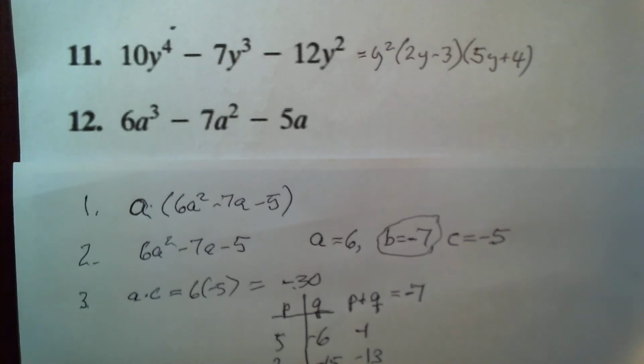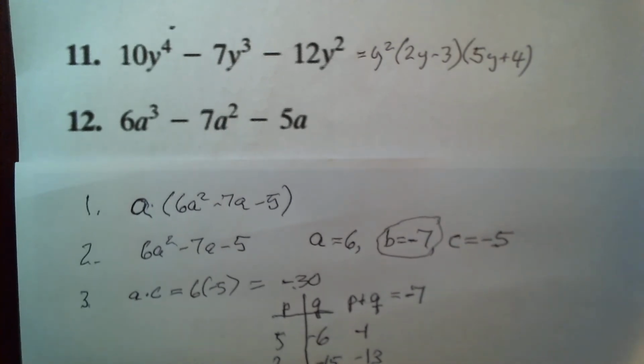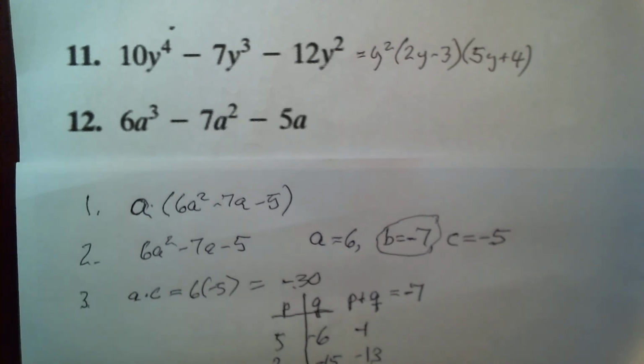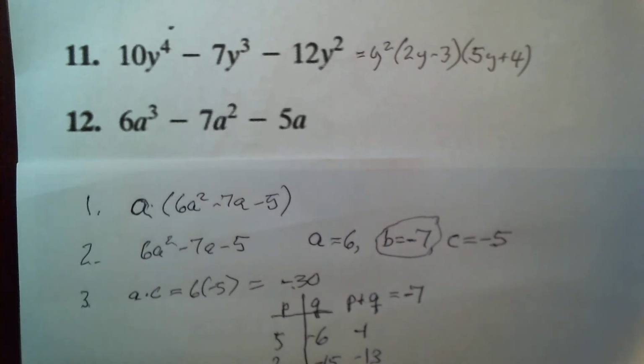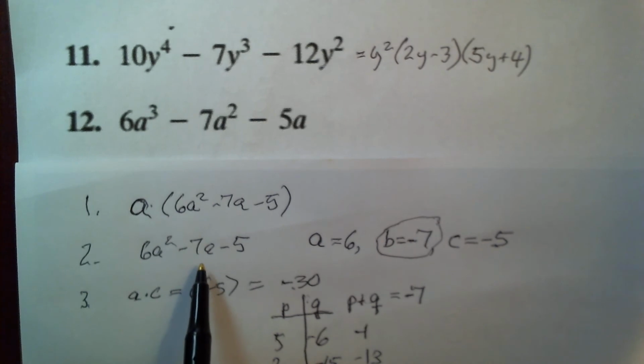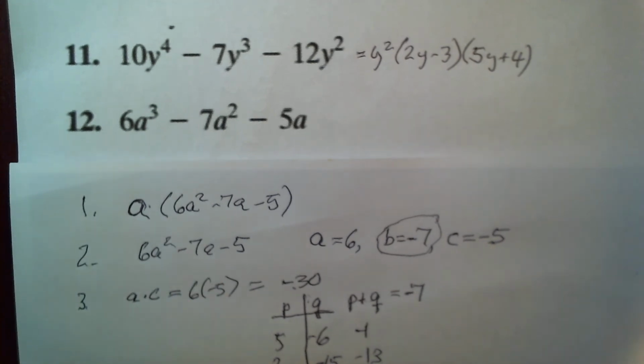That wouldn't work. And then we could have 3 times negative 10. 3 times negative 10 is minus 30, and 3 minus 10 is minus 7. So that is now what we've been looking for. These are the factors p and q that we use to rewrite the middle term of 7a. So let's do that.